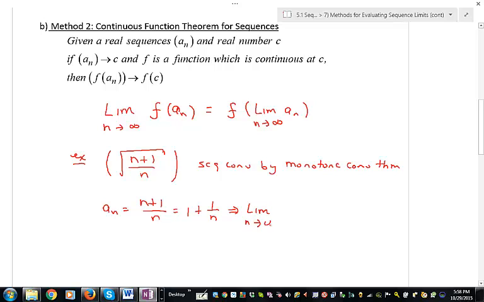Or if we write all this out, this will be equal to 1 plus the limit of 1 over n, which we know is 0.